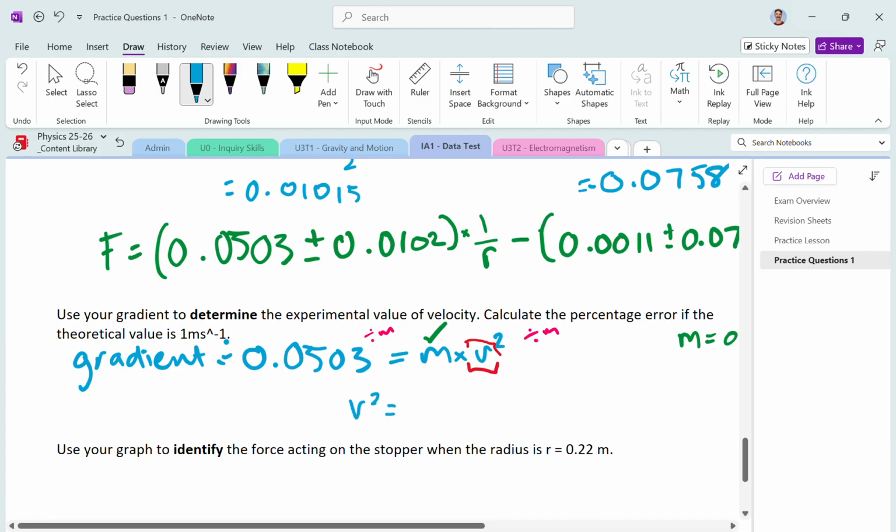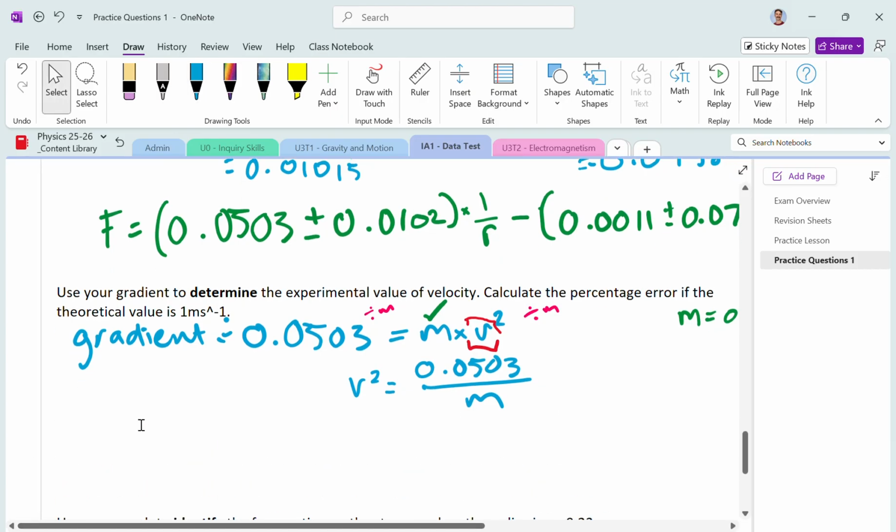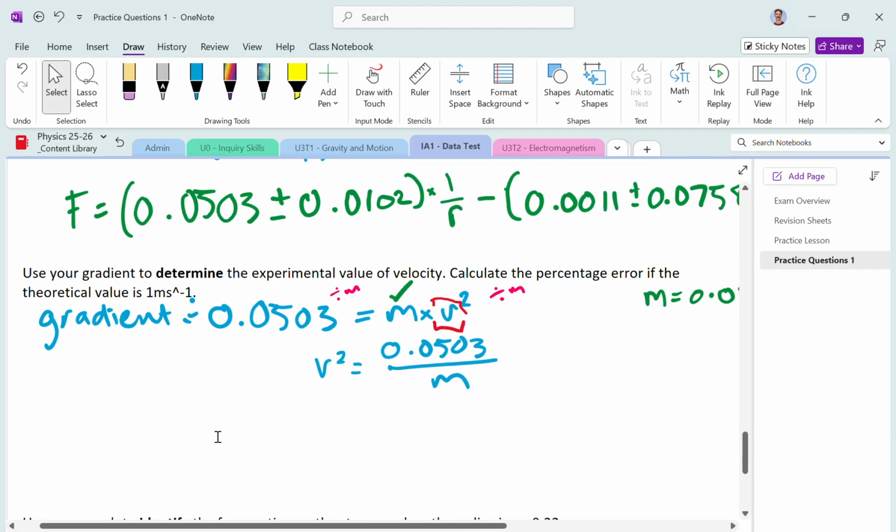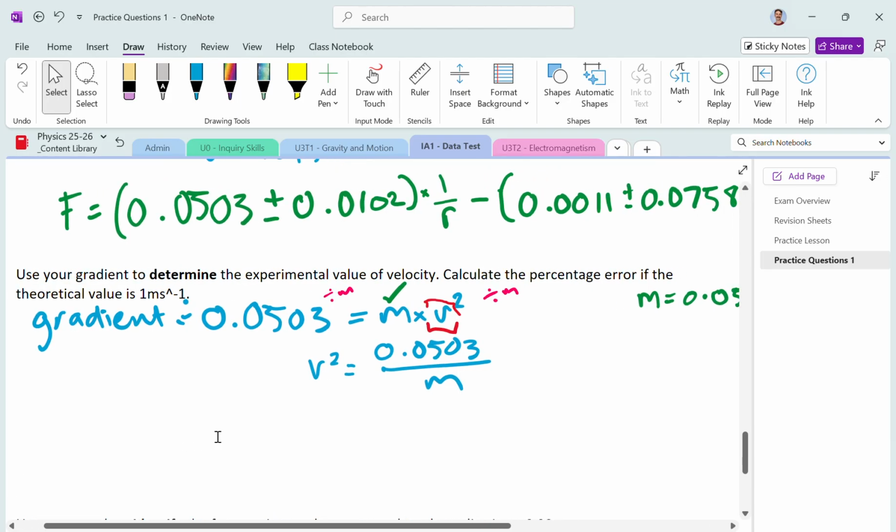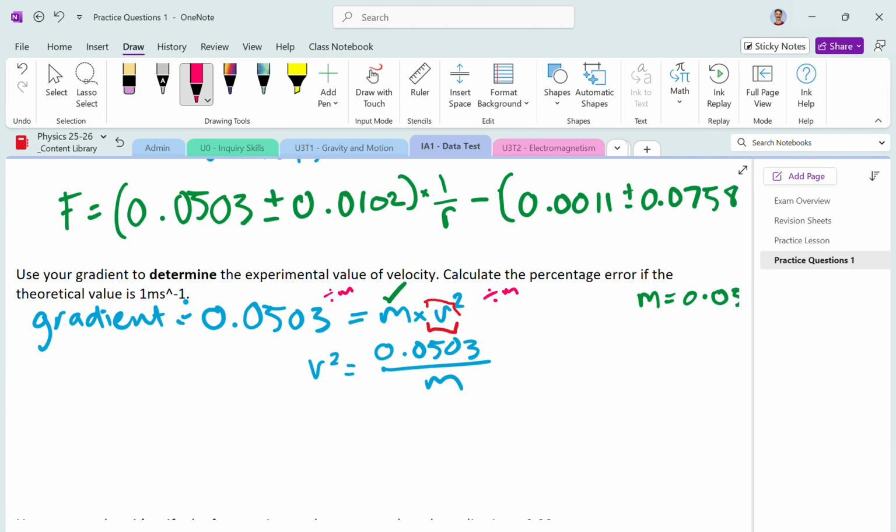And now I'm just going to flip it, so I have v squared is equal to 0.0503 divided by m. And to get the velocity by itself, I will take the square root of both sides. This will cancel out this square here.